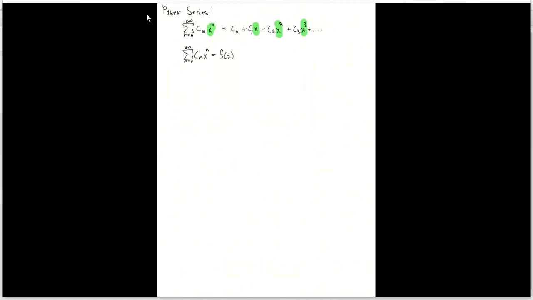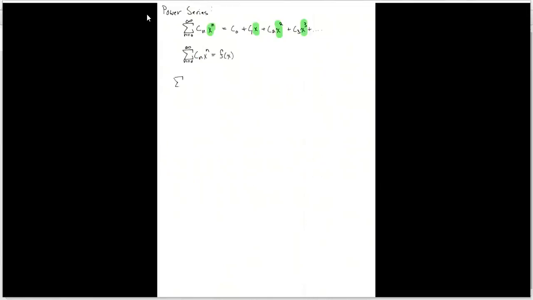So that brings us up to trying to find out the radius of convergence and the interval of convergence. So what are these things? Well, the radius of convergence is how spread out a series converges, and the interval is the actual interval of x's that this converges for.